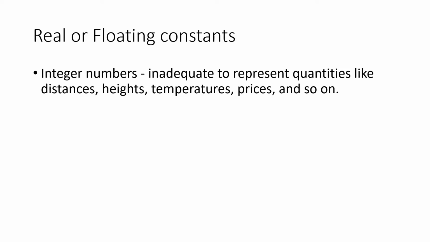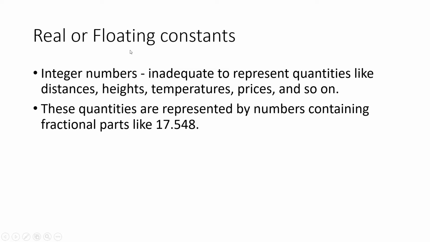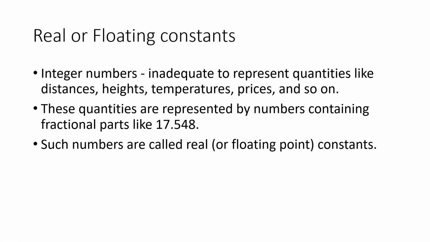So based on the requirement or based on the type of a particular quantity we need to address, it varies. Some are integers, but some need not be integers. They have a decimal value also. So in such cases we can't define it as an integer, but we need another method, so that is real or floating constants. So if you want to represent a quantity with value 17.548, we need floating constants, real or floating point constants.